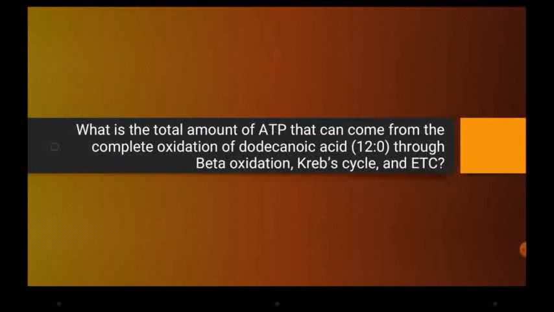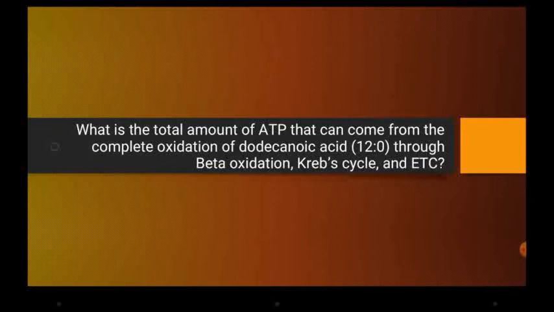So comment down there the answer that you found. How many ATP molecules are found in complete oxidation of dodecanoic acid? Looking forward to seeing your answers in the comments.